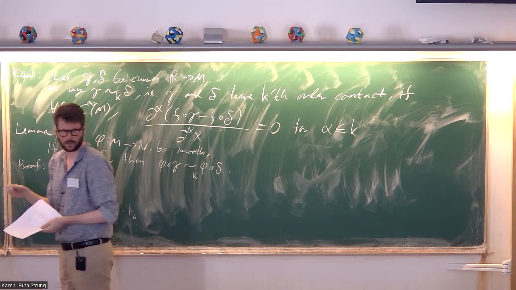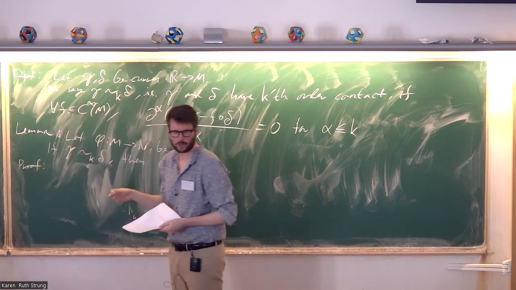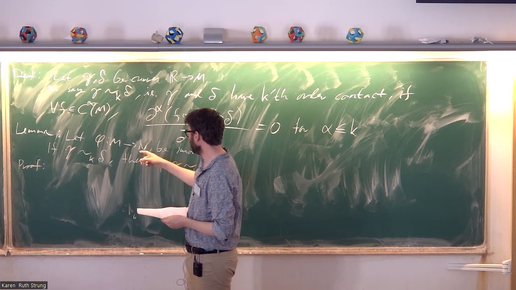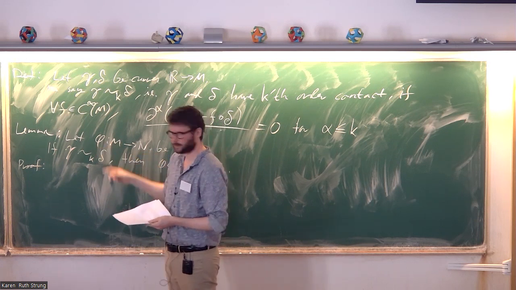And the proof for it is very trivial. If you have a function on n, then the pullback along phi is a function of m.